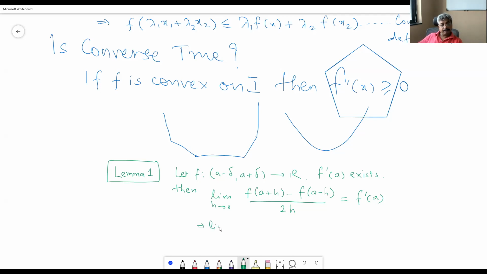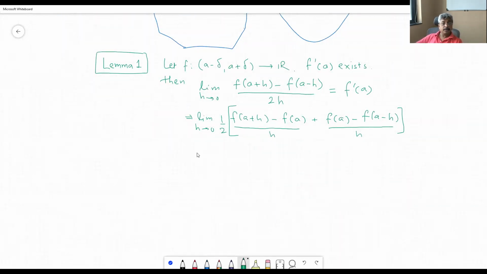This implies limit h tends to 0, f of a plus h minus f of a plus f of a minus f of a minus h upon h into half is equal to, you can take that half outside, half of limit, that is f dash of a plus f dash of a, is equal to f dash of a. Lemma number 2.